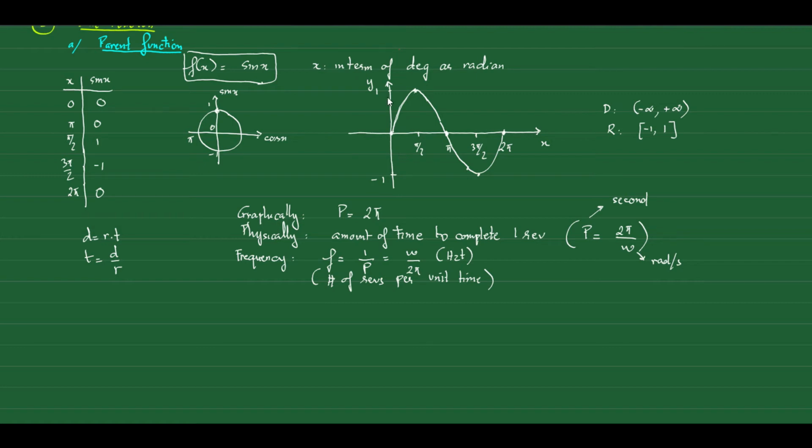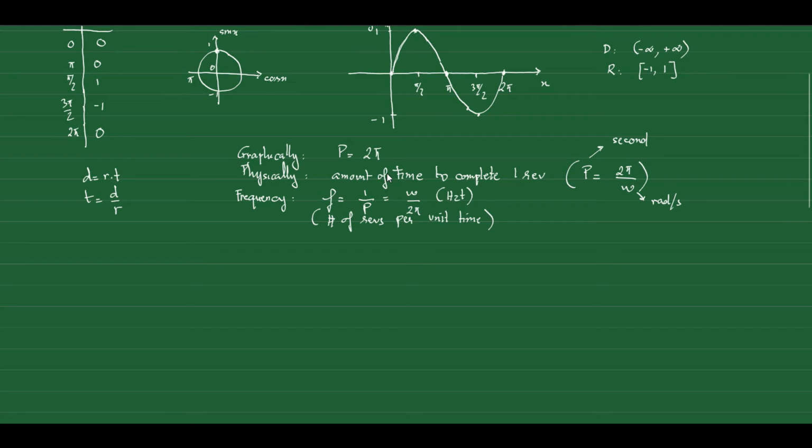The distance from 0 to 1 or from 0 to -1, we call it amplitude and we call it A. A is absolute because it's always positive. This distance from 0 to 1, or from 0 to -1, is always positive. So we call it amplitude.